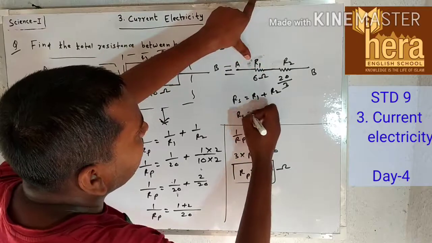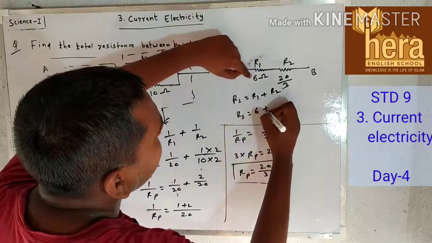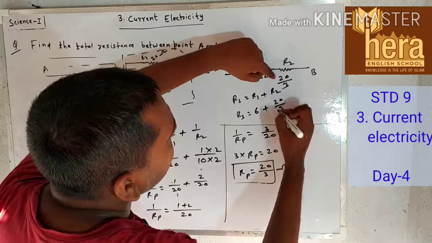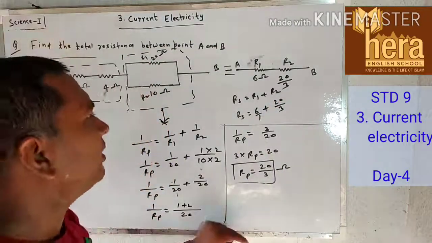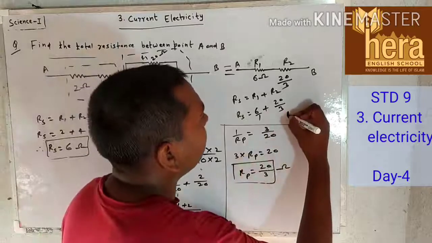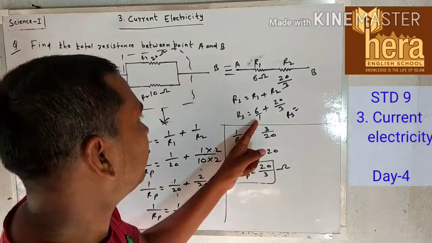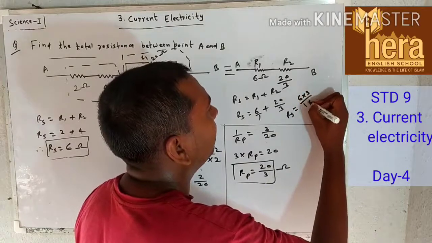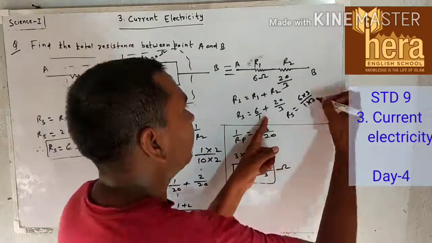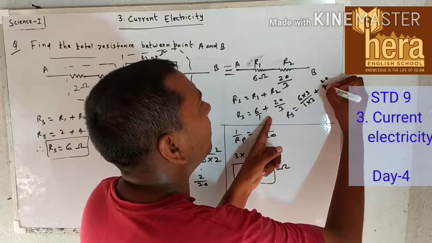Then RS is equal to R1 is 6 plus R2 is 20 upon 3. So here is 1, here is 1. RS is equal to 6 into 3 upon 1 into 3 plus 20 upon 3.